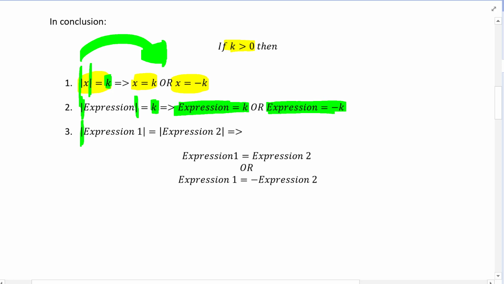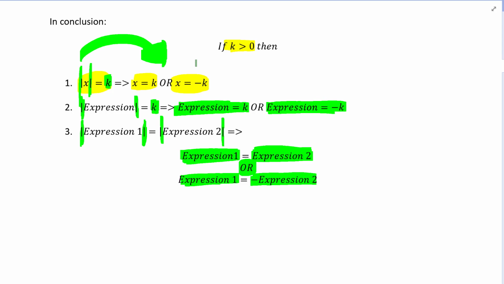And a third situation could be absolute value of expression 1 equals absolute value of expression 2, exactly like the last problem that we did. So what do we do? Well, we drop the absolute value symbol and we equate the expressions. So expression 1 equals expression 2, or expression 1 equals negative expression 2. So making sure we write both situations, we will produce all the solutions that we can have.